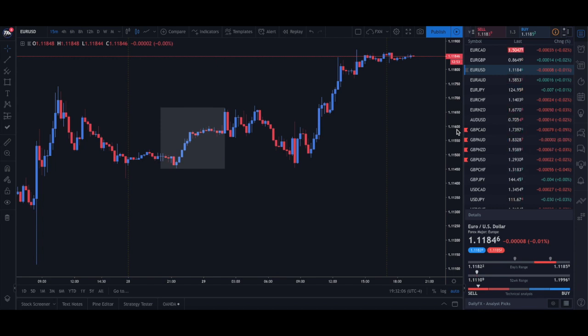So we're talking like Euro USD, Pound USD, USD CAD, USD JPY, USD Swiss, NZD USD, and AUD USD. Those are the pairs that should provide some good trade setups, or at least volume for you to actually trade during the US session.